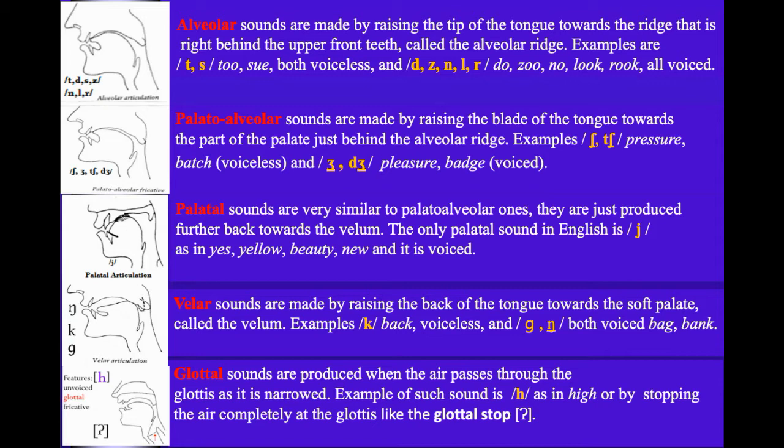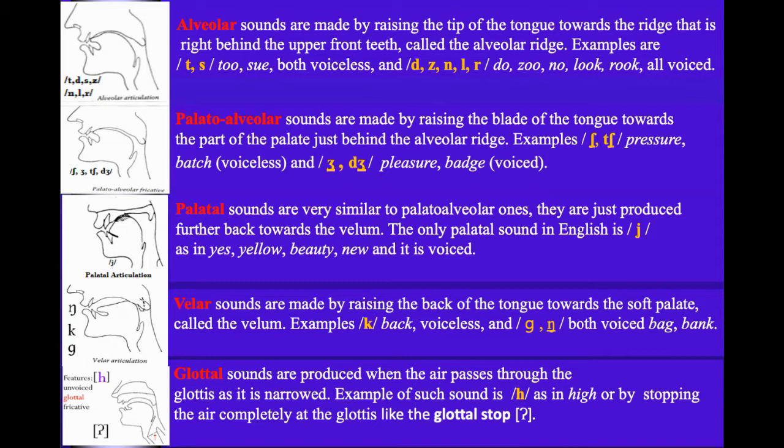Palato-alveolar. Palato-alveolar sounds are made by raising the blade of the tongue towards the part of the palate just behind the alveolar ridge. Examples of such consonantal sounds are sh and ch, like in pressure and batch. Both are voiceless. And the voiced pair, like in pleasure and badge.